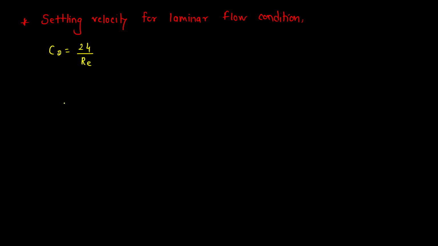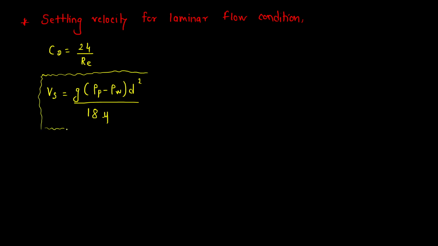So if you substitute that 24 by Re in that equation, you will get Vs is equal to g into rho p minus rho w into d square by 18 mu. So this is the most important formula that you will have to remember throughout this chapter to calculate the settling velocity. These all terms we have already discussed on the previous page, so you can refer to it.